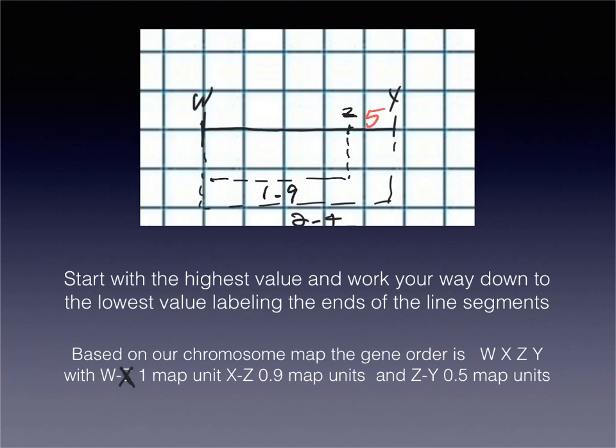Okay, so we got that. And then finally, XW is 1. So we would go XW at 1, which makes this 1 unit apart. And then by just doing math, 2.4 total minus 0.5 makes it 1.9, minus 1 makes this gene 1.9 map units apart.